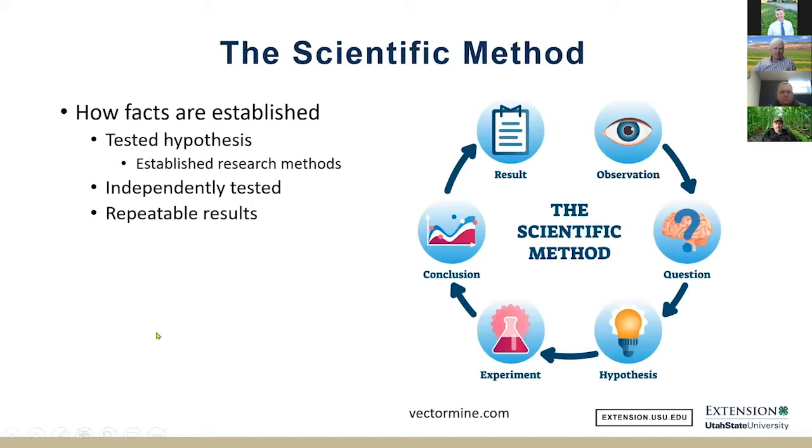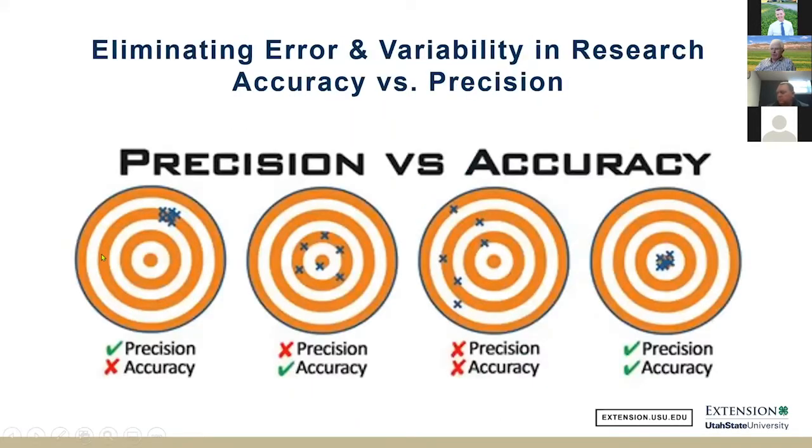Grant spent a great deal of time talking about sampling basics, as far as being representative. I put this slide in just as a reminder: most all of us are scientists. As we approach sampling, we need to be thinking about it from the scientific method standpoint. One of the very first chemistry classes I had, my professor spent a lot of time talking about the differences between precision and accuracy. On the far left, you have precision, but you don't have accuracy.